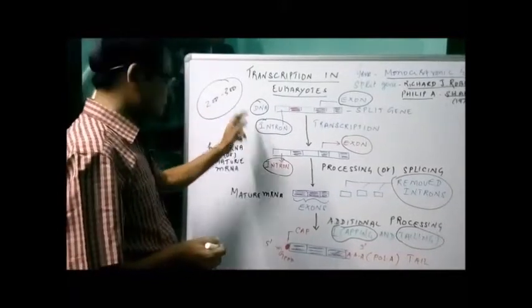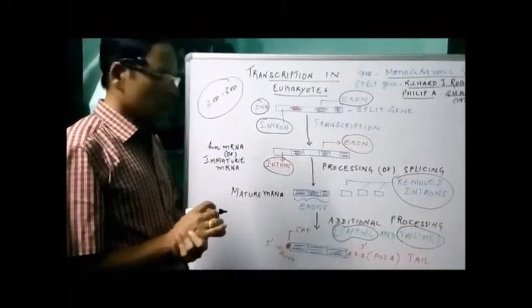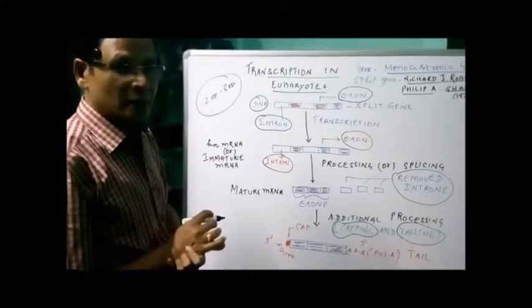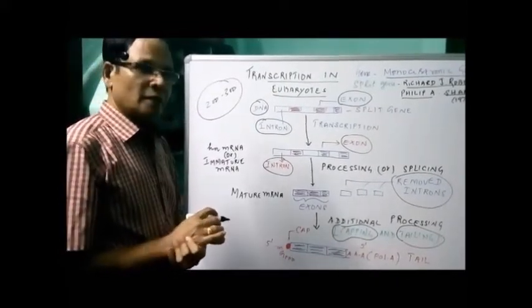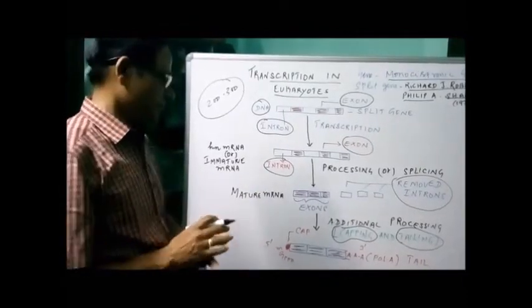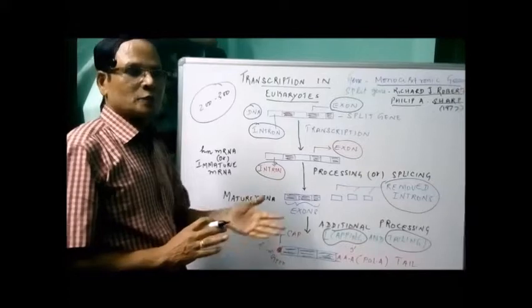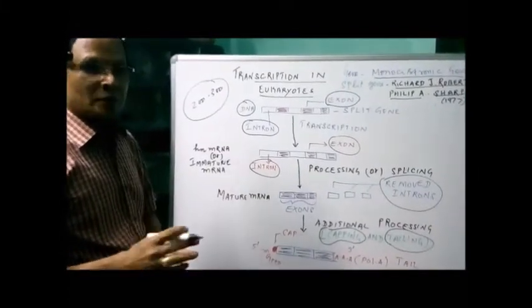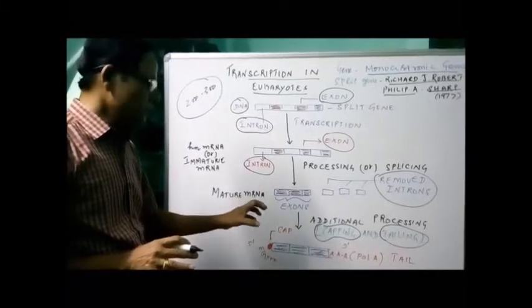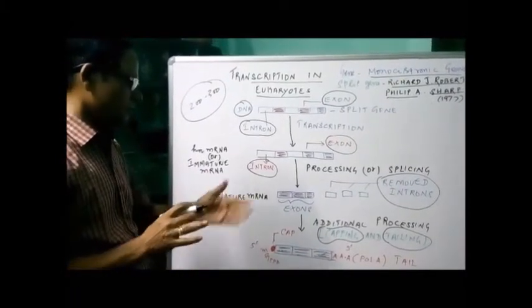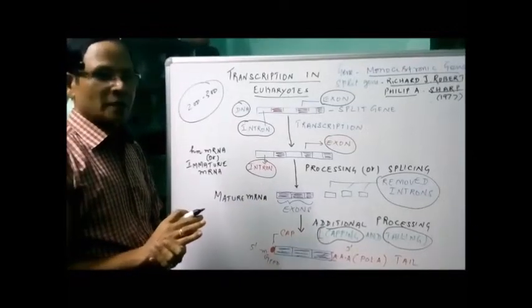That's why it's called the polyadenylate tail. Polyadenylate residues are normally synthesized with the help of an enzyme. What is its function? Again, protection. It protects the terminal end from being attacked by nucleases and provides stability to the mRNA. These are some of the functions of the polyadenylate tail.